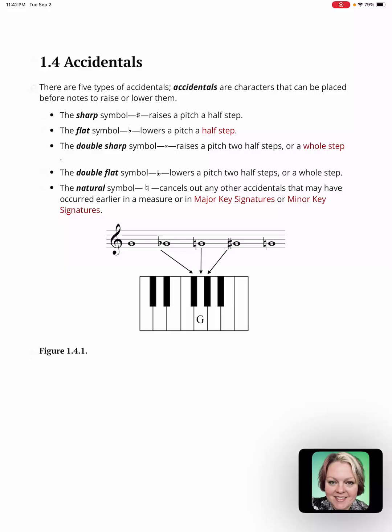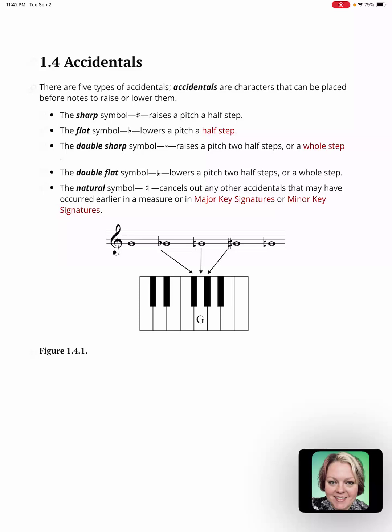We got through section 1.3 last week, and that's where we were looking at the various notes on the treble clef and also the various notes on the bass clef. So if you recall, treble clef line notes are Every Good Boy Does Fine: E, G, B, D, F from bottom to top.